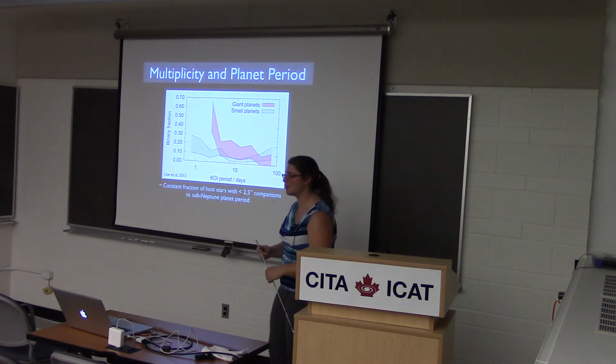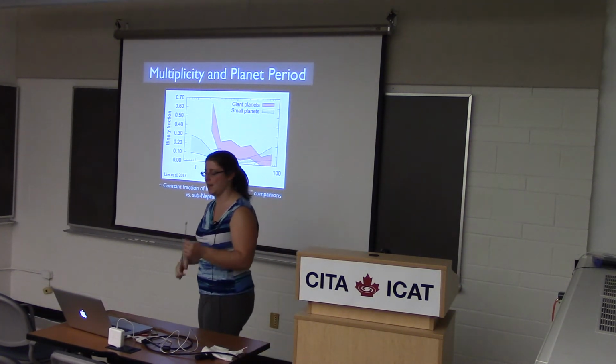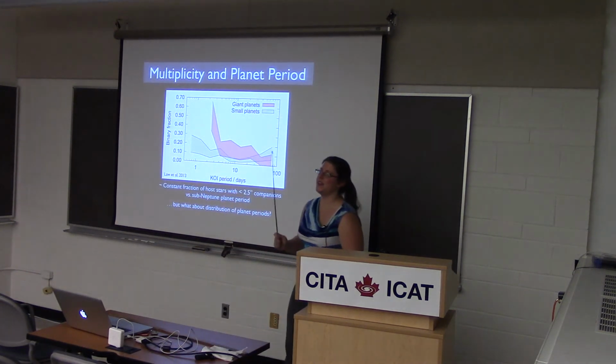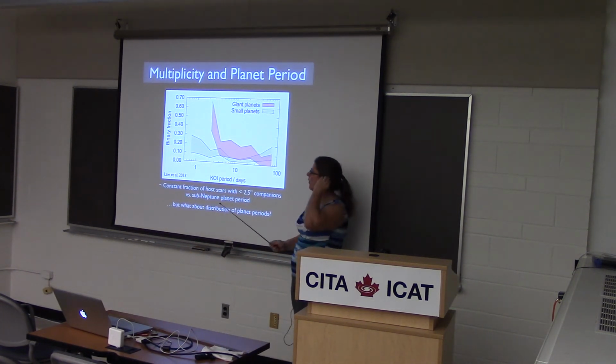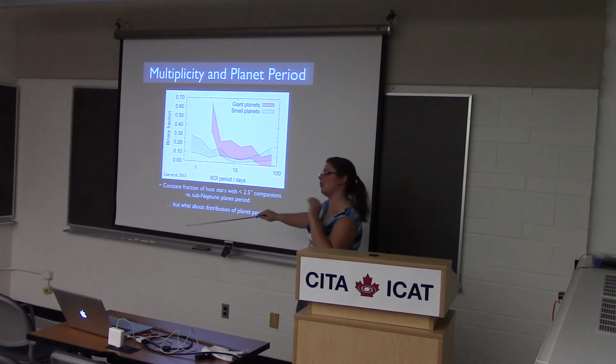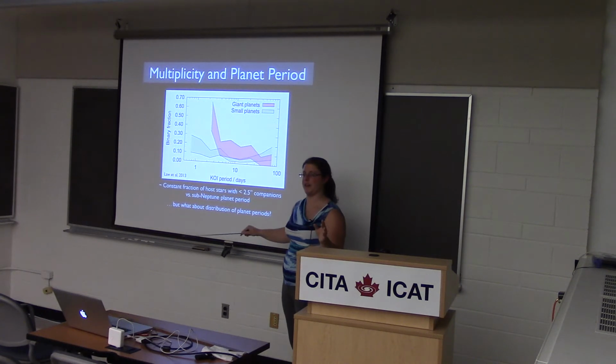But what we're actually interested in is looking at the period distribution of planet periods. This distribution will help us disentangle some of these different evolutionary effects, right?